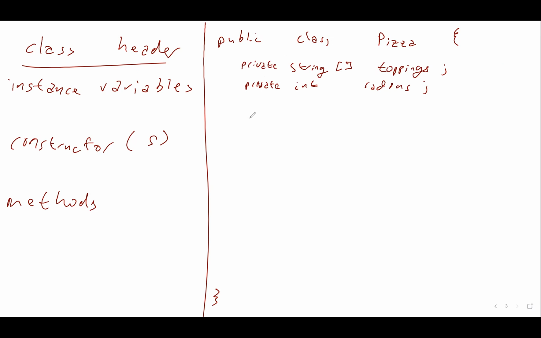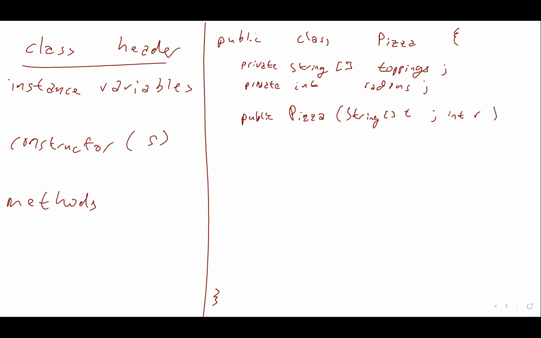So what is the access specifier for a constructor? Public. So public Pizza, because a constructor has the same name as the class. And let's say we get our two parameters, string array t and int r.